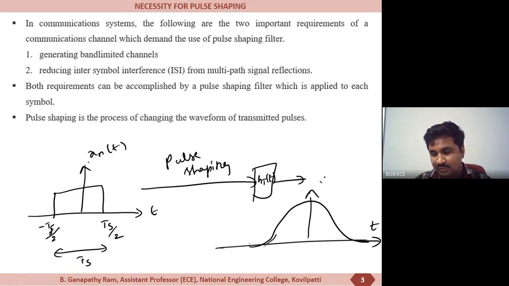This is the output of the pulse shaping filter. Let it be xn of t. This is what we are going to do, shaping the pulse, changing the waveform of the transmitting pulse, which is suitable for a band limited channel.